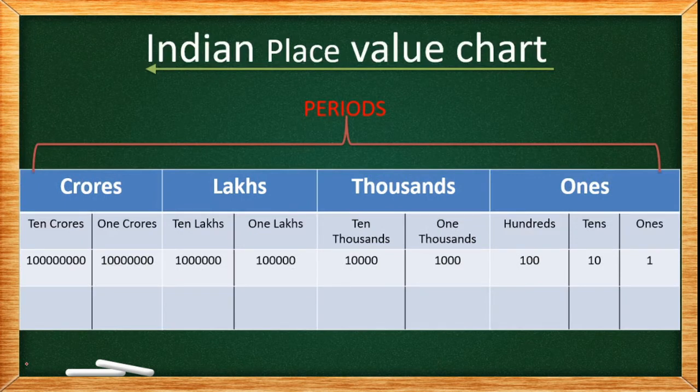Now we will see how can we write the given number in place value chart. Here 9 will go to ones place, 8 will go to tens place and 7 in hundreds place. So the number is 789.